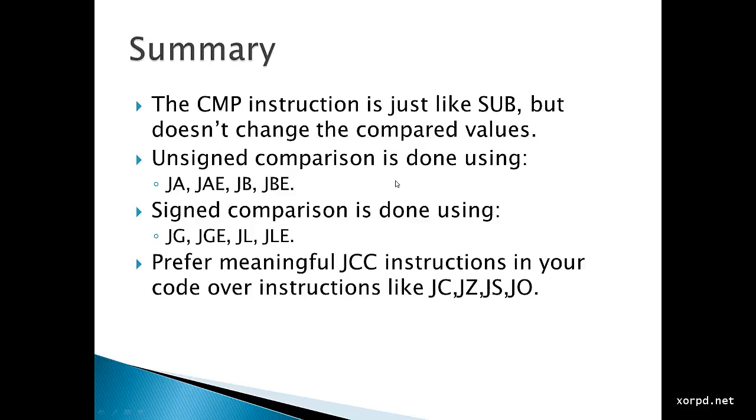Signed comparison is done using those instructions: jump greater equal, jump less, and jump less equal. Try to prefer meaningful JCC instructions in your code over instructions which are more basic, like JC, JZ, JS, and JO, mostly because of readability reasons.